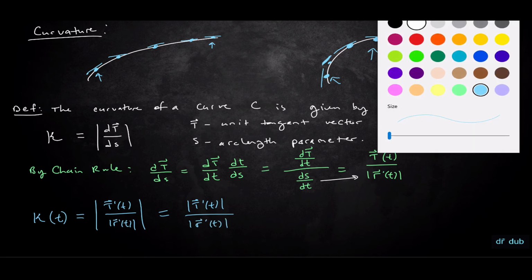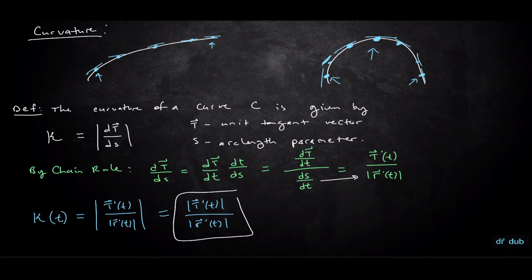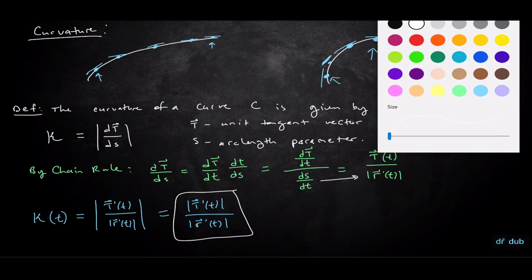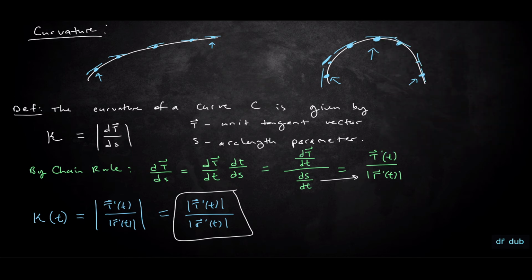And that is a very practical formula for calculating the curvature. So that's a first formula for calculating curvature. We'll have another formula because this formula sometimes breaks down, so we'll get another formula in a little bit, but we'll use this one in our first couple of examples, at least as far as we can, to calculate the curvature.